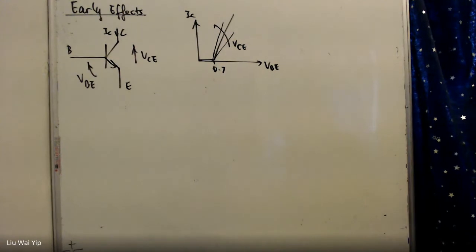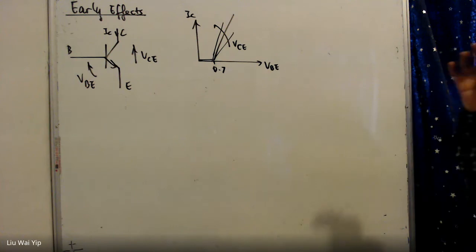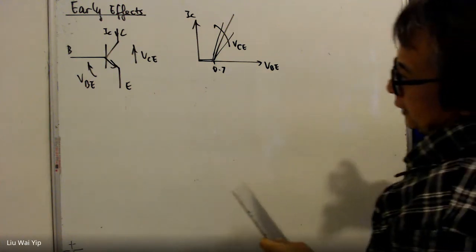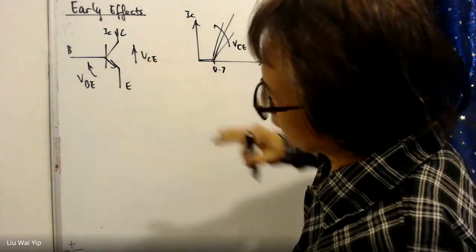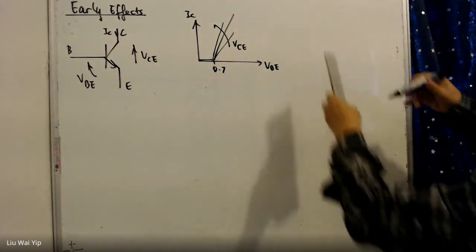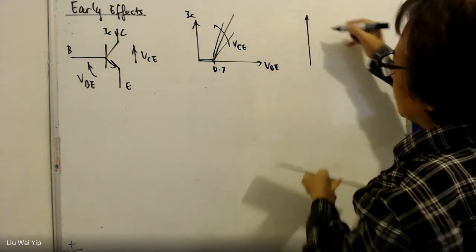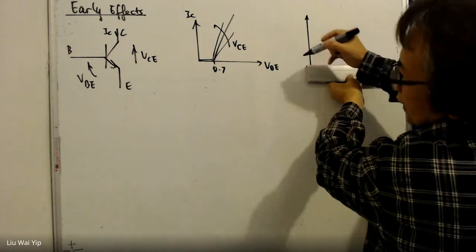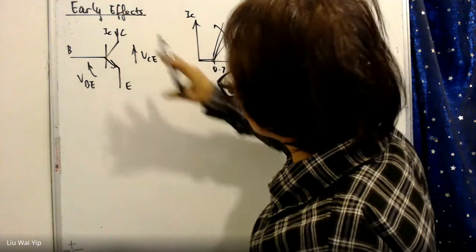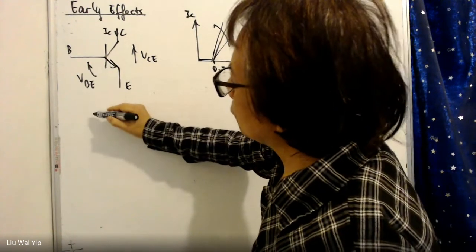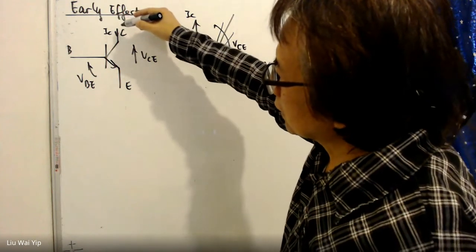Then they played with the circuit in the hope that they find more detail about the device. And originally they used the device for amplification, which is good. They can use the VBE voltage to control the current of the other branch.